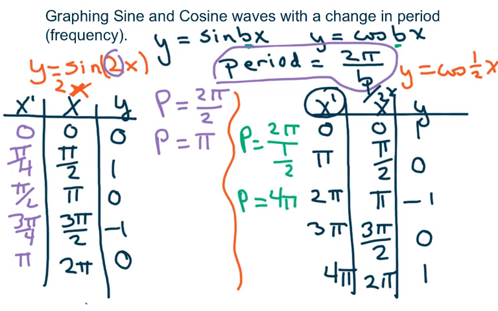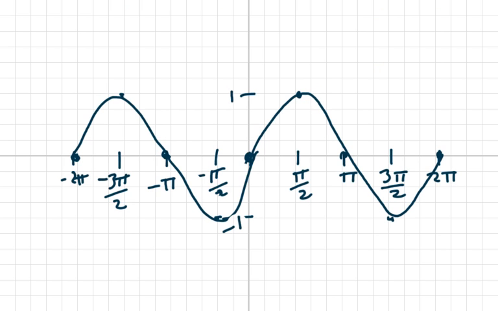So I think if we look at sine of 2x first, we can get a better idea of what's going on, and then we'll come back to the tables. So I took the liberty of drawing the parent function of sine. So this is y equals sine of x. Now what we want to draw is y equals sine of 2x.